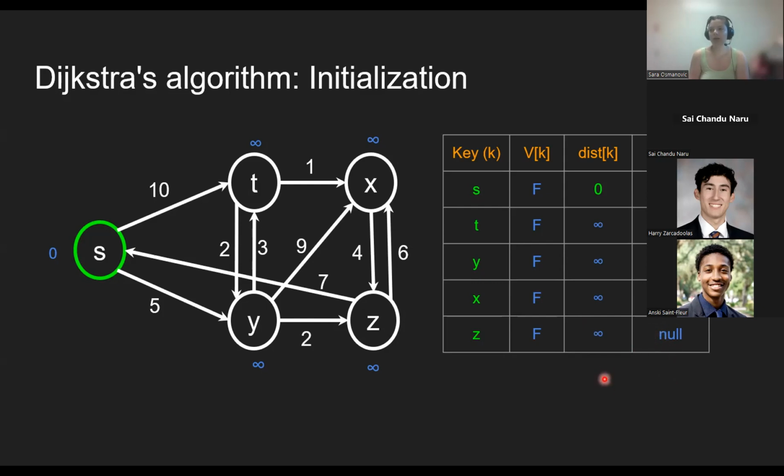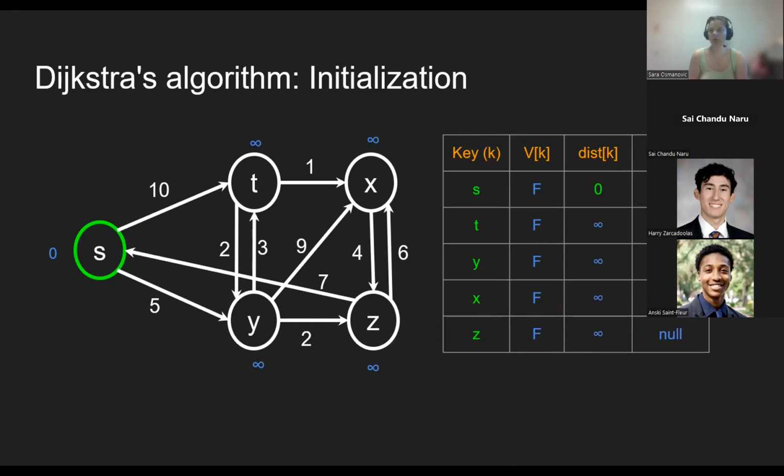If you want to program Dijkstra's algorithm, you could have 3 separate maps, or you could have an object or a class with all of these properties as fields, and then have one map that has all of those.